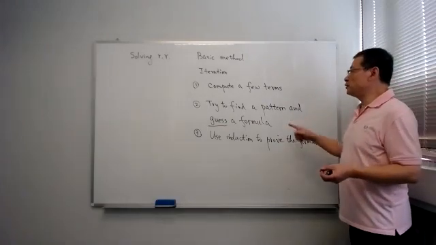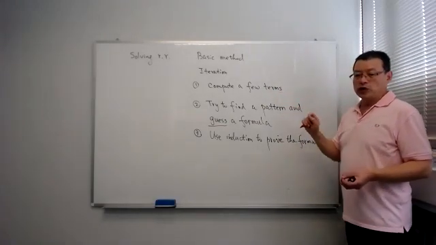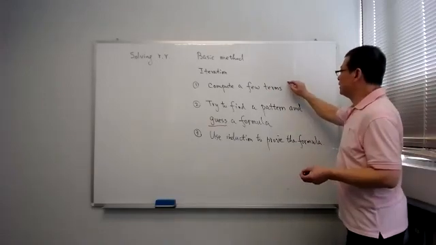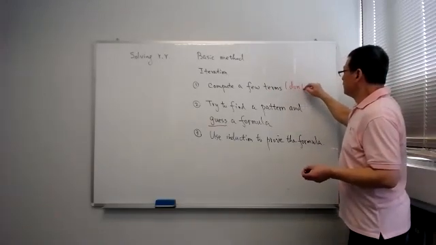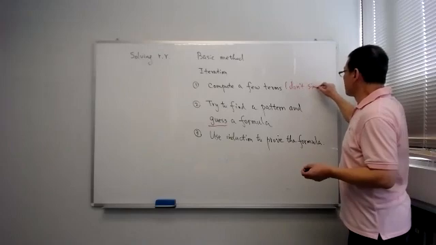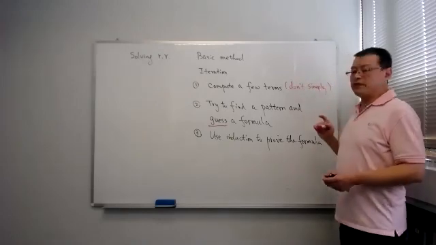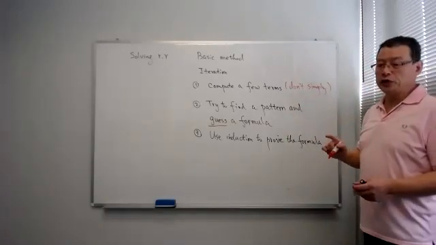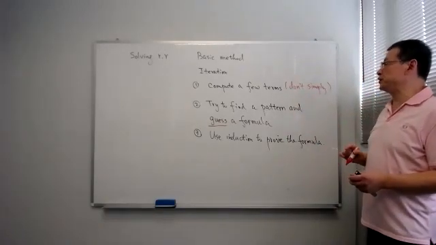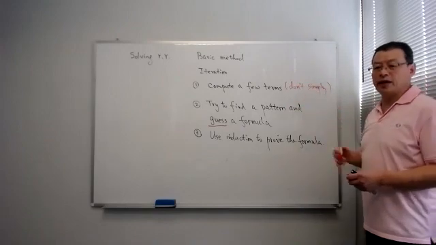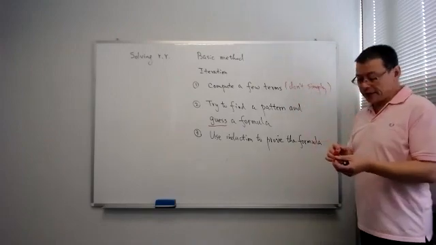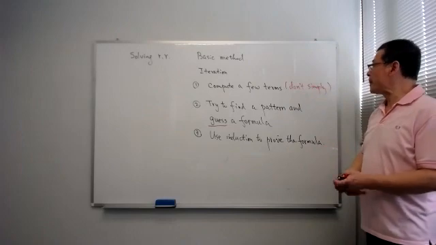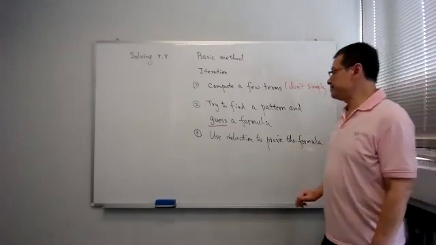Another important thing is that when we compute a few terms, don't simplify them. Don't simplify the pattern. So that's the basic idea. Here is just a guideline of how to use the iteration method to solve a recurrence. I will give you some examples to see how we use it.